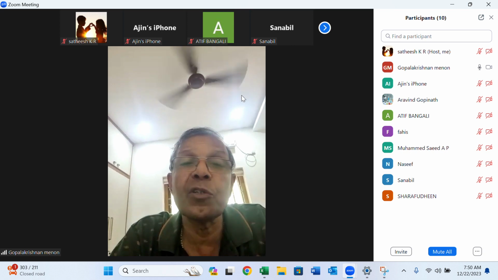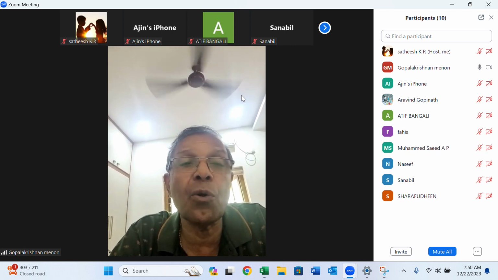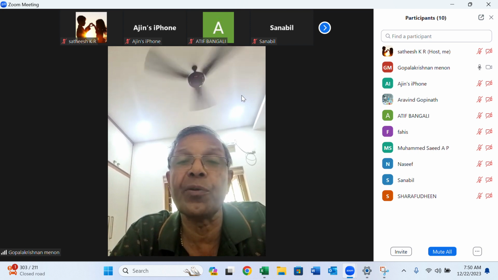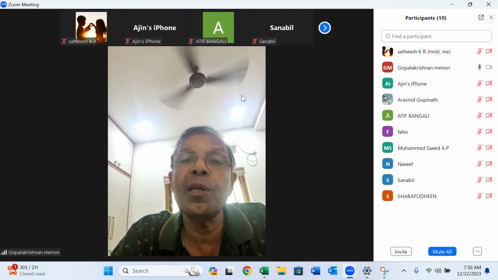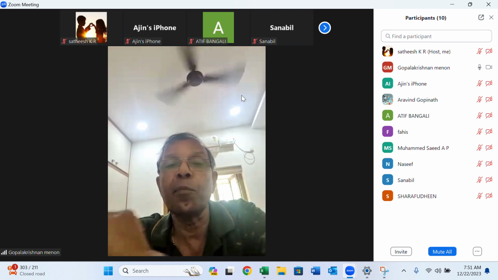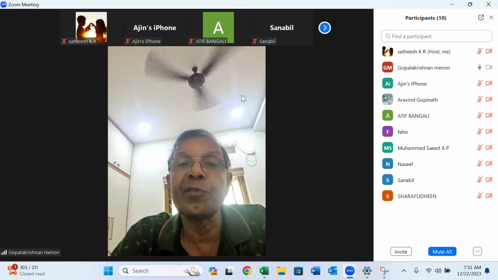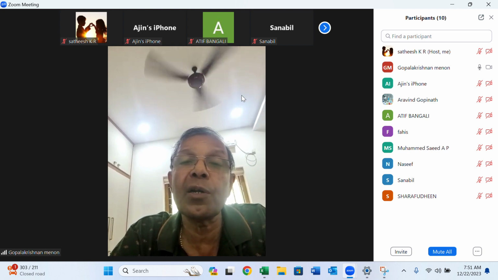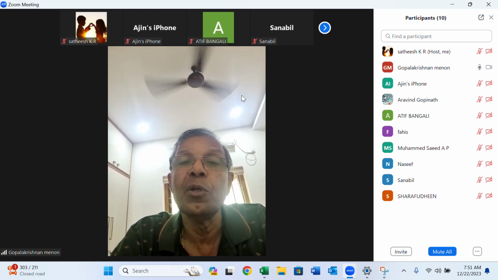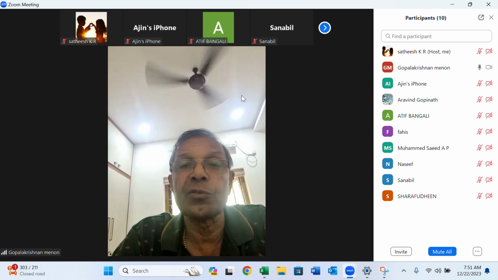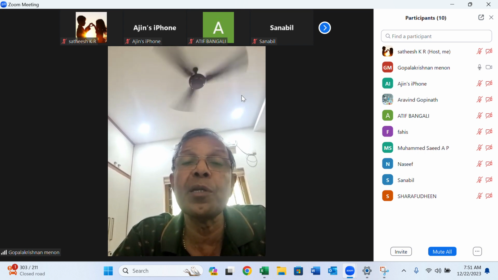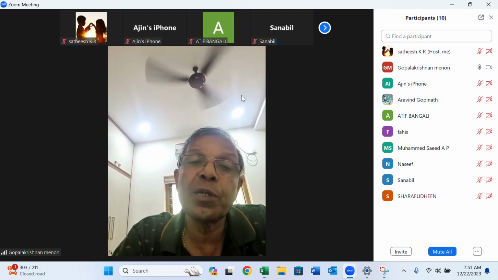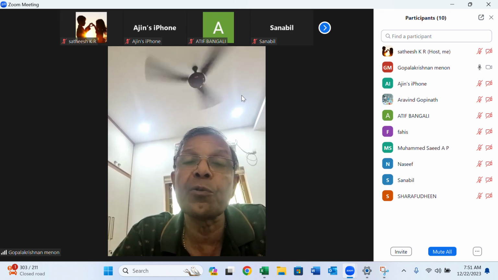This is passed through 3 stages of the water treatment plant: cation, anion, and mixed bed. Cation normally removes all the metallic parts, like calcium and magnesium, because the scale forming materials inside the water are calcium, magnesium, and to some extent sodium. So calcium and magnesium should be totally removed before feeding to the boiler.